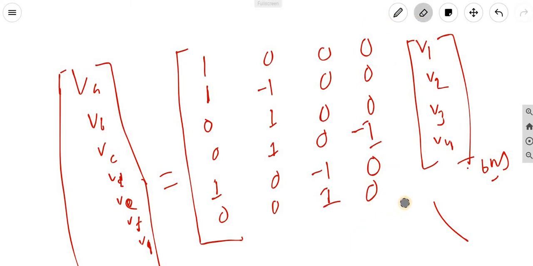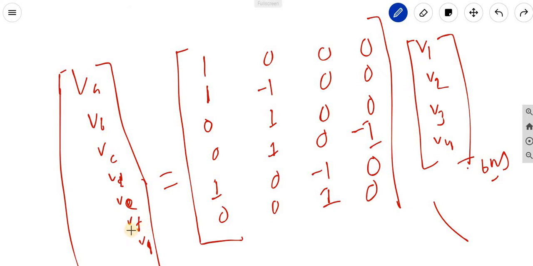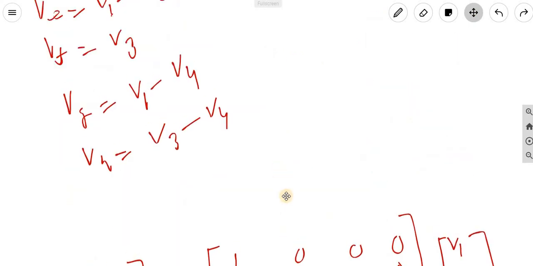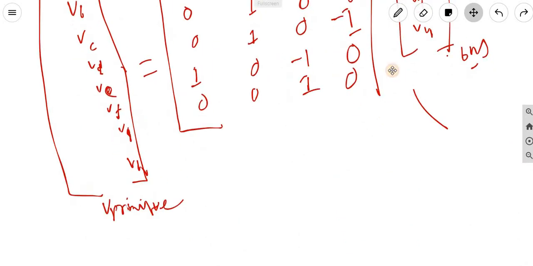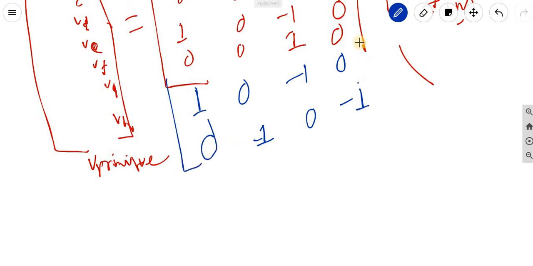For VG, it is like this, 1 minus 4. And for the last one, VH, 3 minus 4. So this is the matrix.